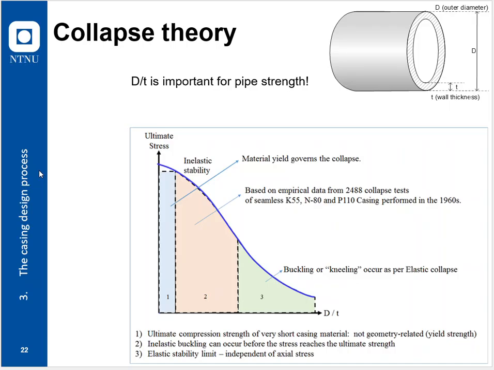In light blue, the column is tied to material yield, and that only. This part of collapse is not influenced by buckling. It is not buckling at all.